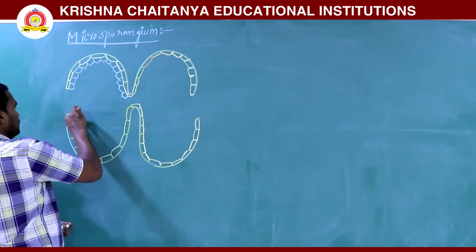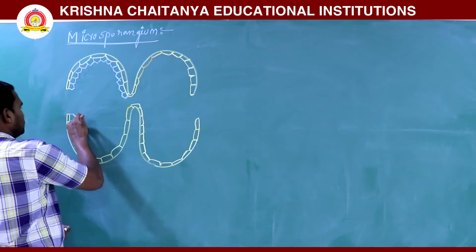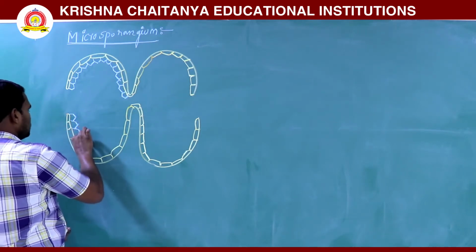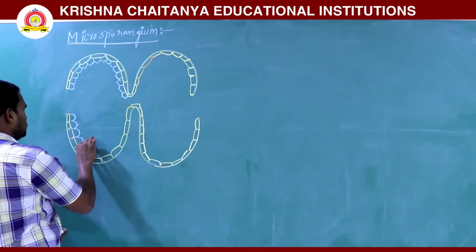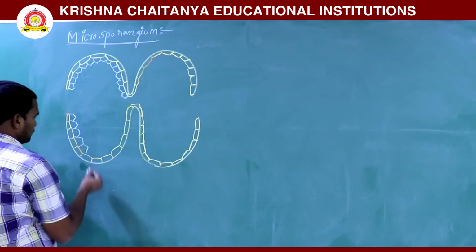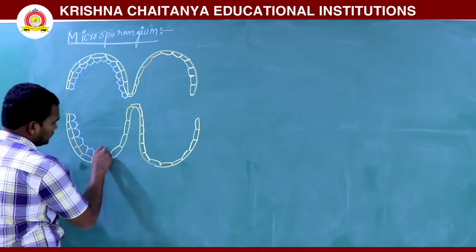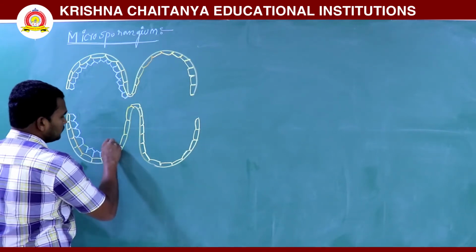This is the endothecium layer. The epidermis is the outermost layer, and it is followed by the next layer, that is the endothecium.